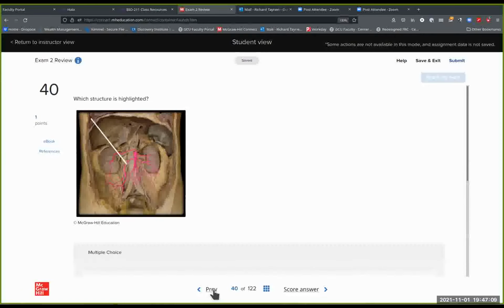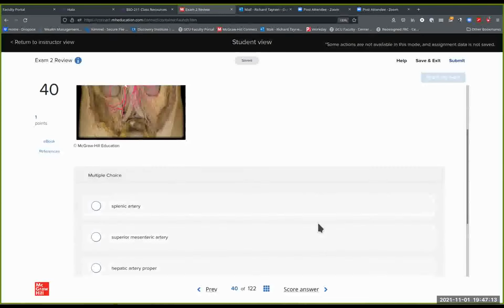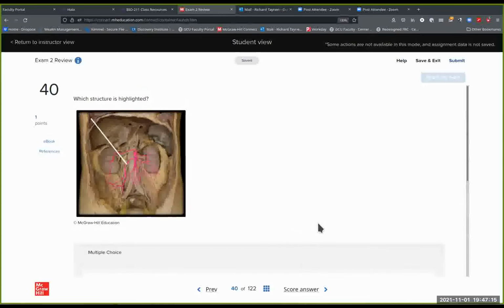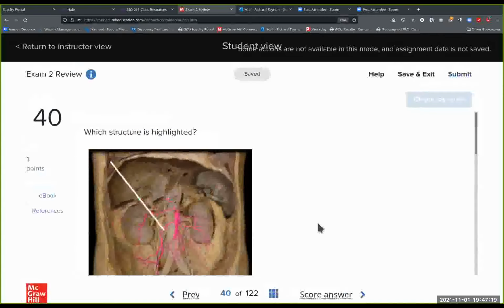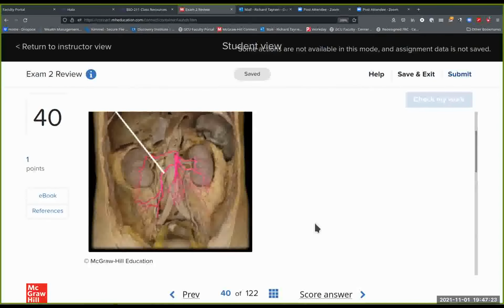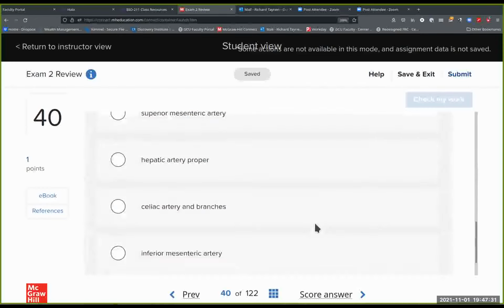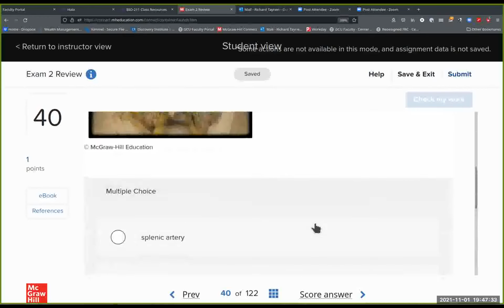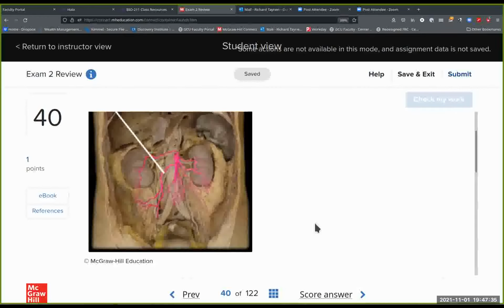Which structure is highlighted? Well, that is hard to see. It's an artery coming off, going to the right side of the abdomen.